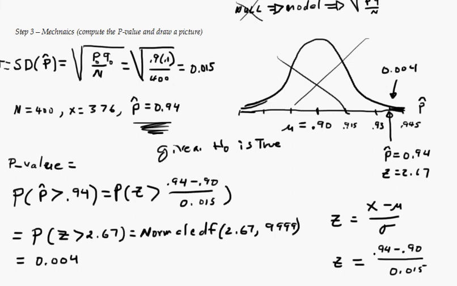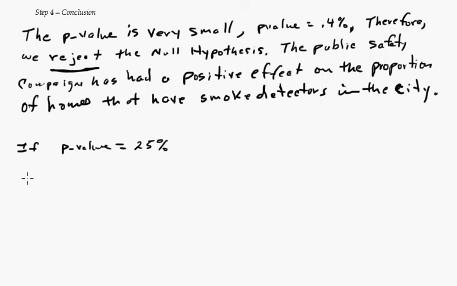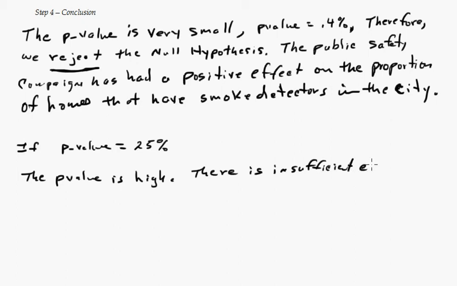Okay, so there we would say the p-value is high. There is insufficient evidence to reject the null hypotheses.